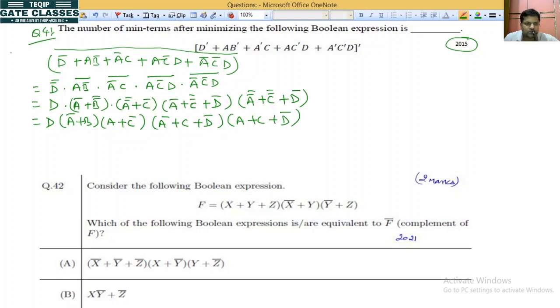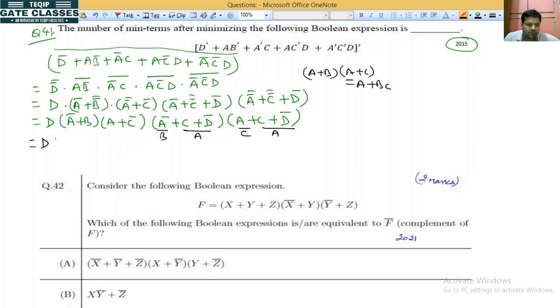Now if you see here, this one is A, this one is B, again it is A, this one is C. So A plus B, A plus C will be equal to A plus BC. So apply this.